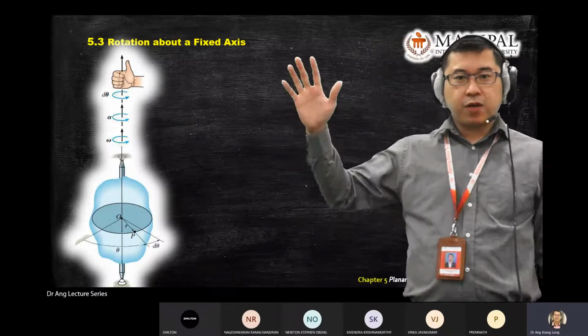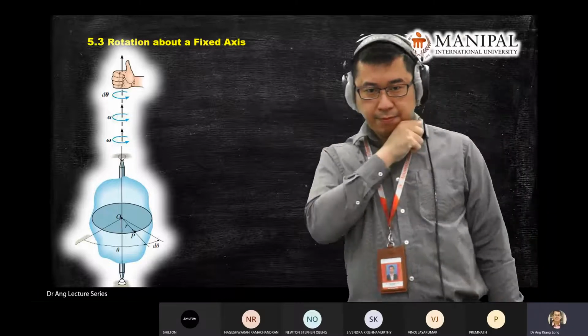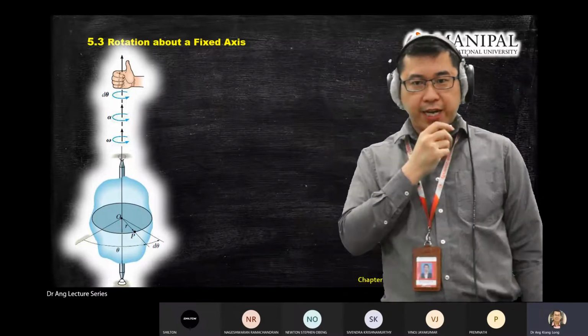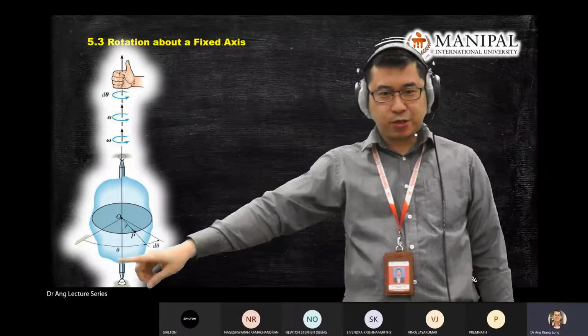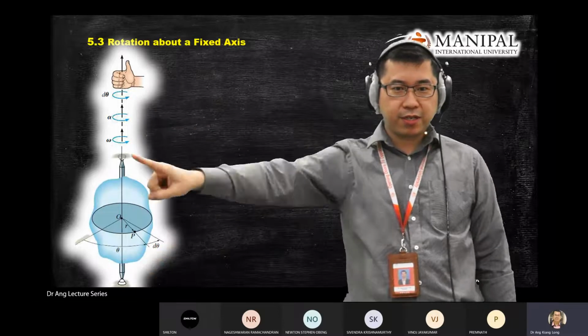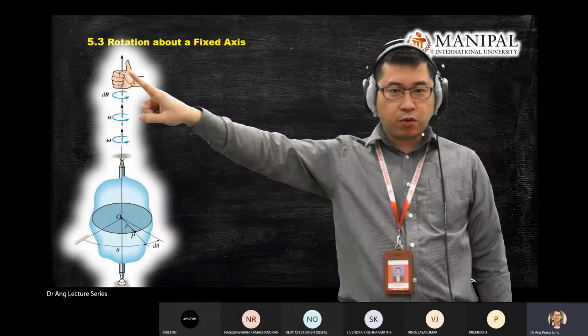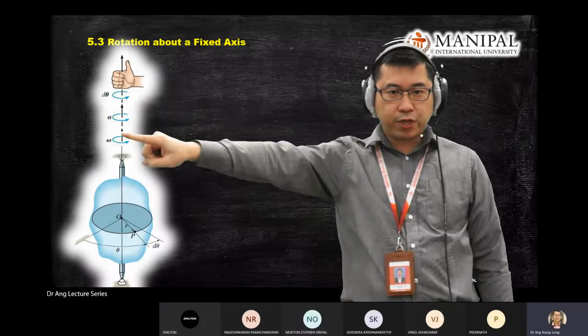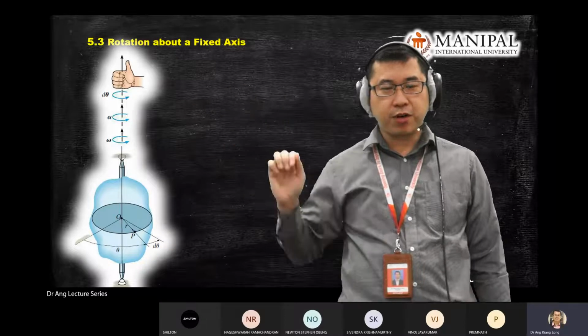Okay, when we talk about rotation about a fixed axis, you must know where the axis is. Usually through the center of the rotation. There must be a center for it to turn, right? So look ahead, look for the rotation axis first before you solve a rotation problem.